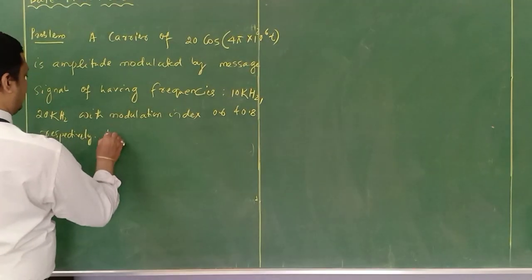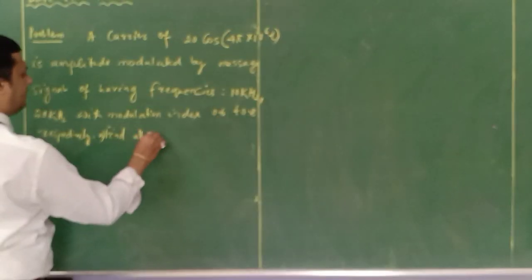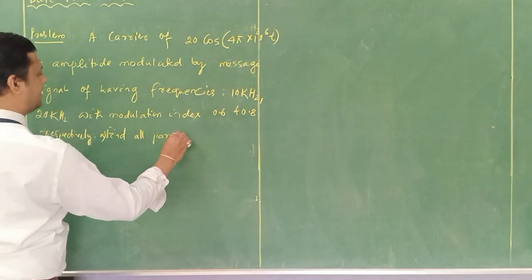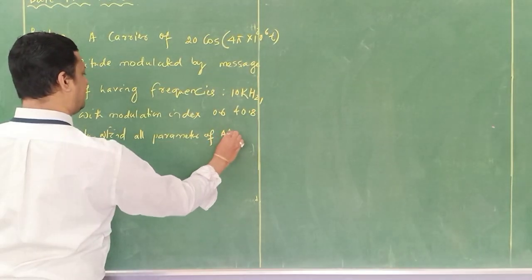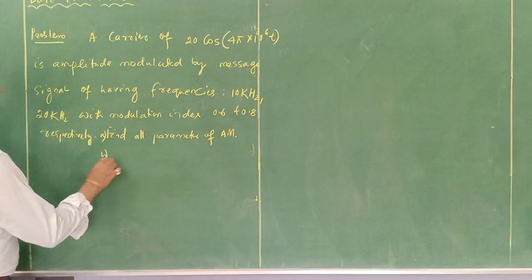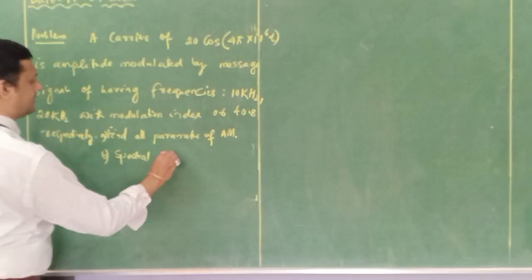Okay. Find all the parameters of AM. This is bit A. Find all parameters of AM, and bit B is the spectral representation.